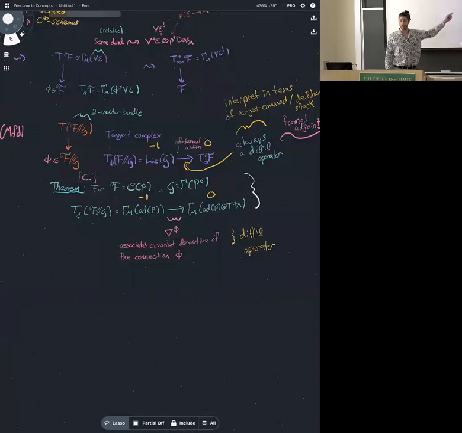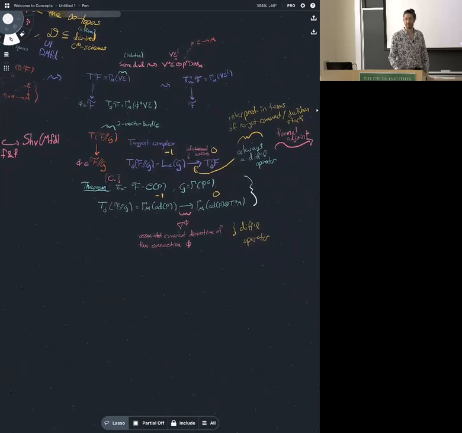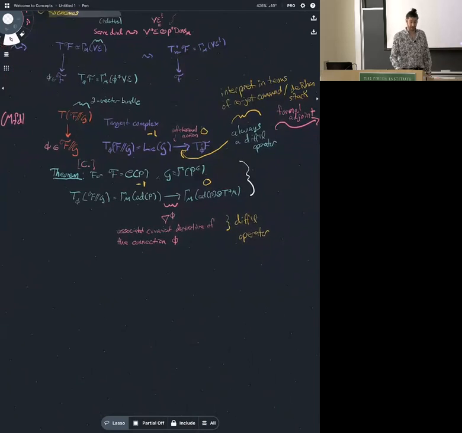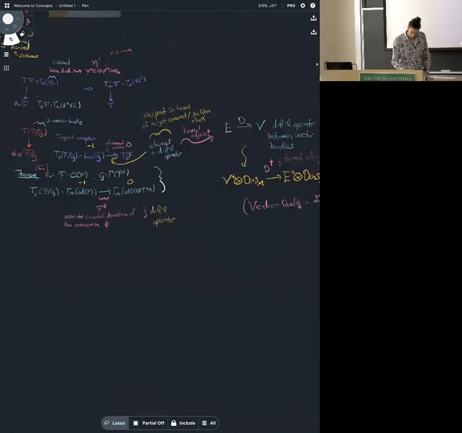Yes, it's the anchor map. And if you look at the stack, that's the tangent complex of the stack. That's exactly the way that I prove it. Thank you, Ping. Marvelous. That's great, because I think it also elucidates why this is true. So thank you.